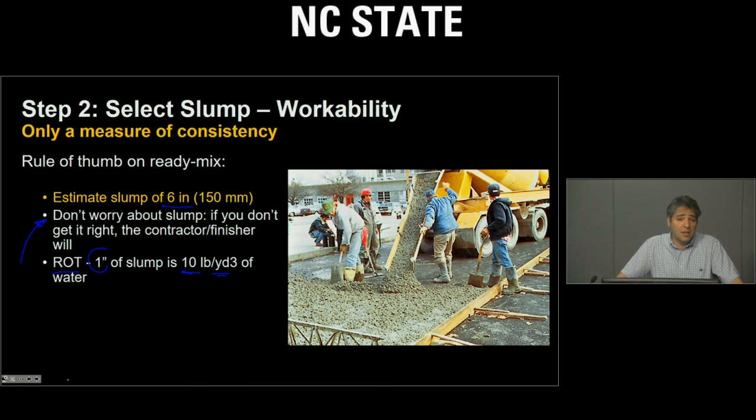You can see that with addition of only a little bit of water, the slump will increase quite a bit. Again, the takeaway is that you do not want anyone to tinker around with the mixture at the job site to try to get the slump and make it workable.